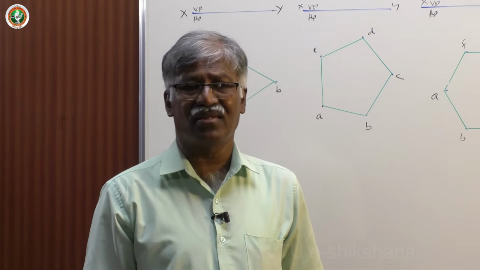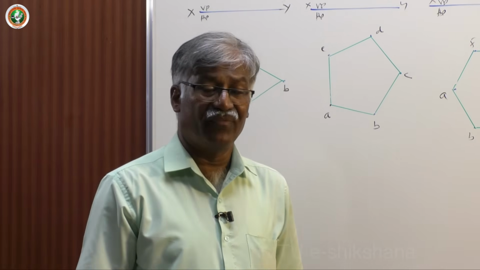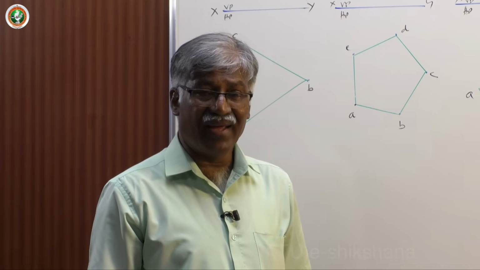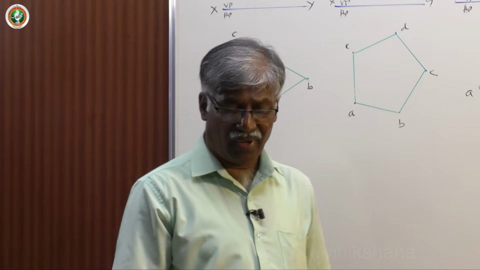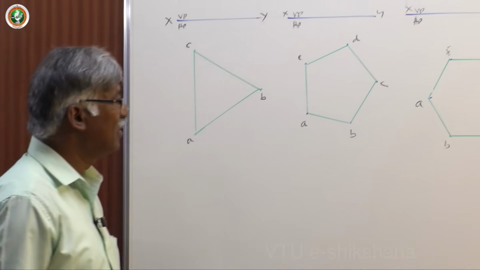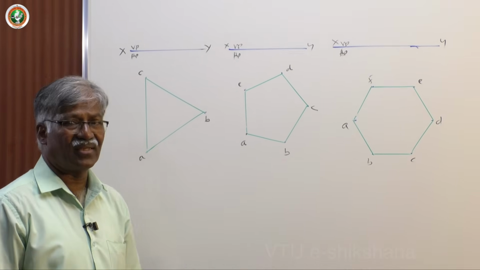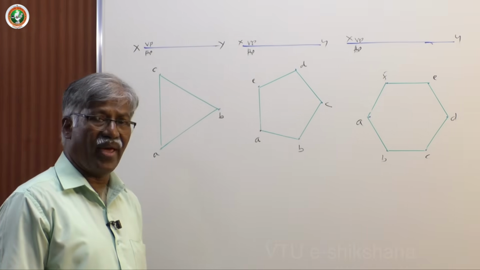Now let us discuss some of the items like prisms, pyramids, and frustum of pyramids with triangle, pentagon, and hexagon shapes. Now I have three shapes here: one is triangle, the other one is pentagon, and hexagon. These are not like rectangle and square.